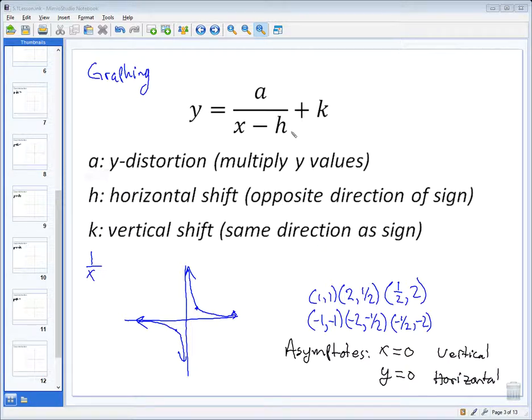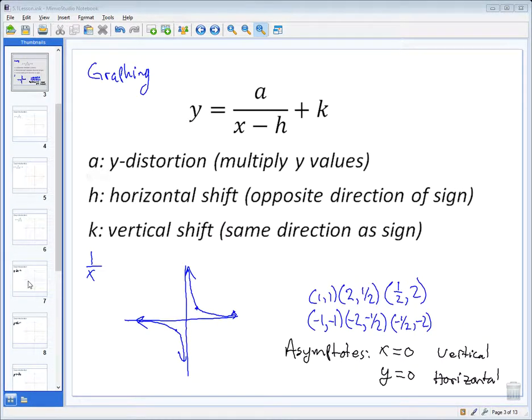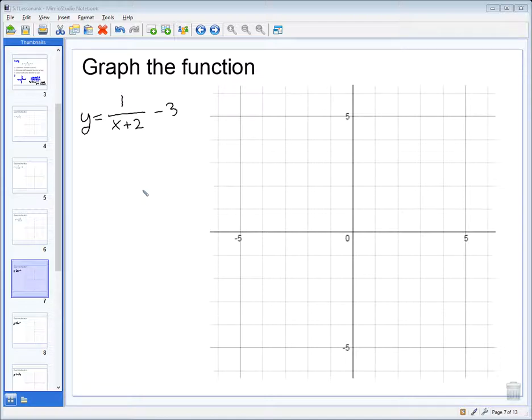Now, when we have an h value, which would move your function to the right or to the left, it would also move the vertical asymptote to the right or to the left. So when we have this function right here, 1 over x plus 2, minus 3, notice that the h value would be negative 2 because we'd have x minus negative 2, and our k value is negative 3.